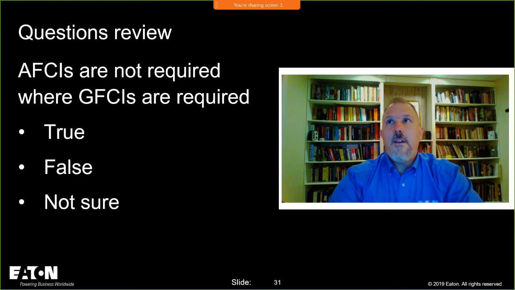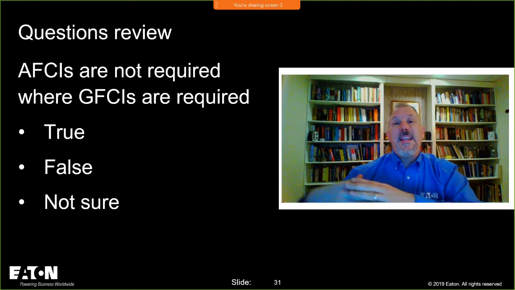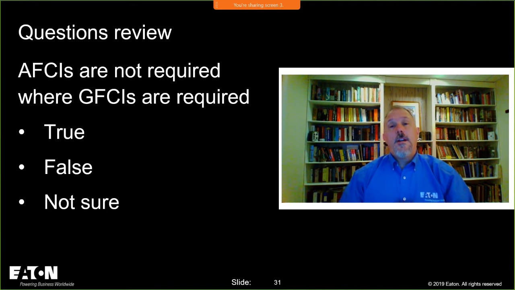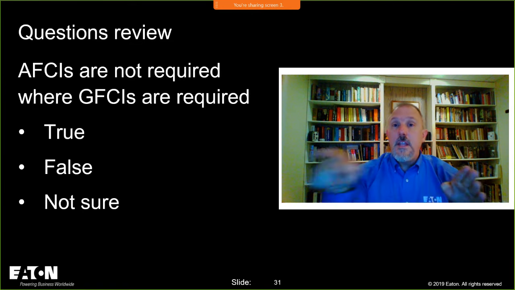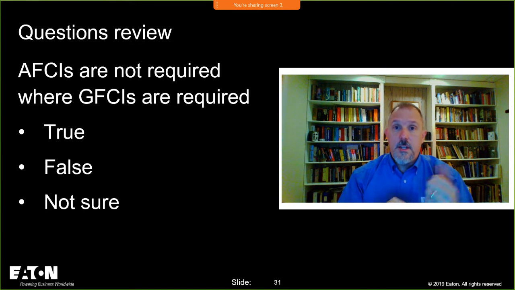The challenge is, if you look at the language for GFCIs and AFCIs, they have to be readily accessible. So if you have a refrigerator that would need GFCI, and the GFCI receptacle would be behind the refrigerator, you could put the GFCI protection on a receptacle that feeds that receptacle, because remember, we learned yesterday and a little bit today that these devices protect downstream from them.